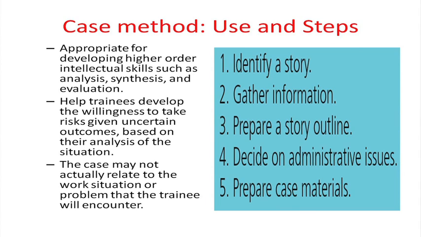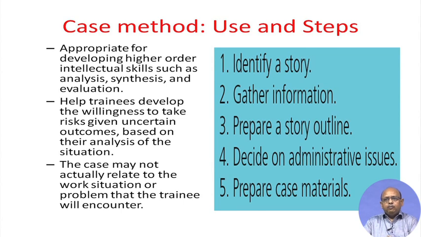You have to identify the case, collect information related to the case, prepare a brief summary, decide on the various issues that may come up, and then you are going to prepare the case. If you are going to prepare a case, these are the guidelines that could be used. For example, suppose I want to prepare a case on industrial relations in organizations. So, we have to find a story.